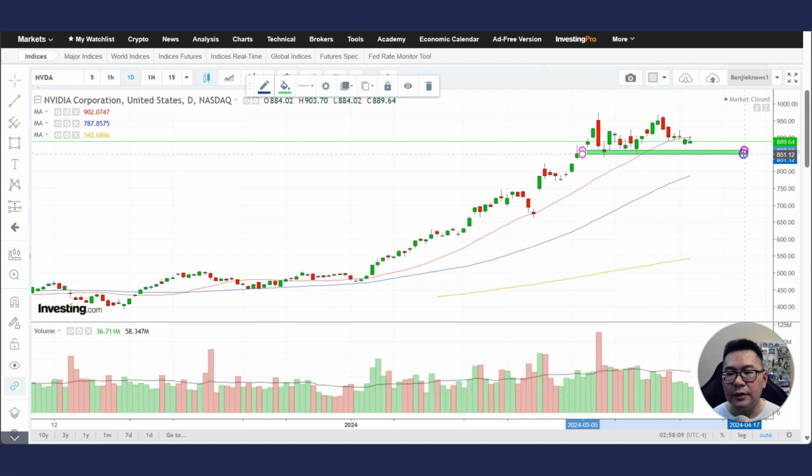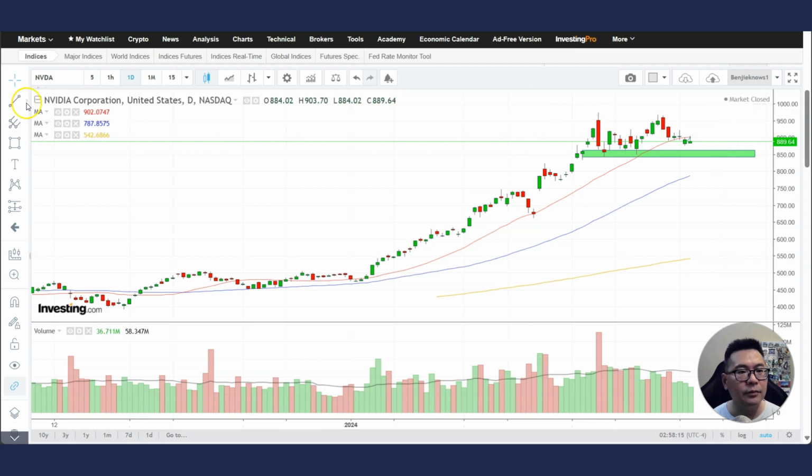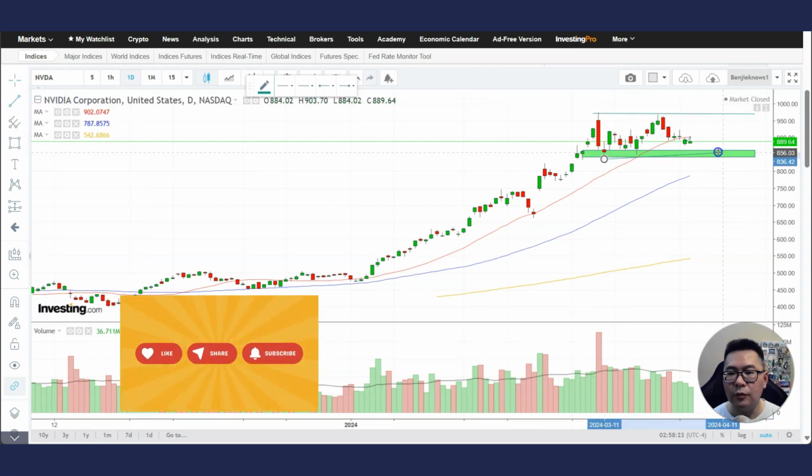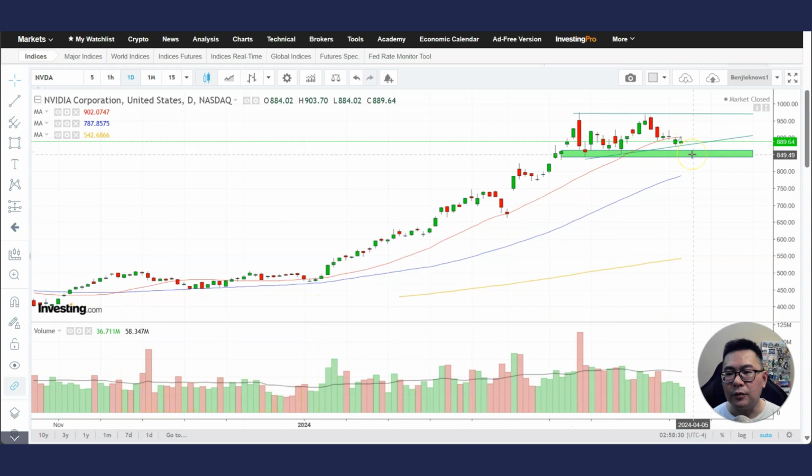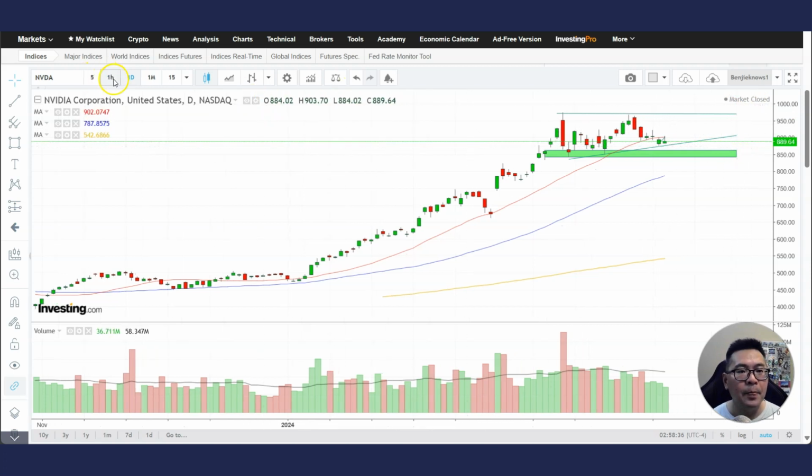Hopefully, as the days go by, it will continue to stay above this support area and then form a continuation pattern for it to break out. Let's see if it can form an ascending triangle in the future. Well, we do not know. This is just a projection. Maybe it might drop lower here and move up, bounce and break out higher, by May.